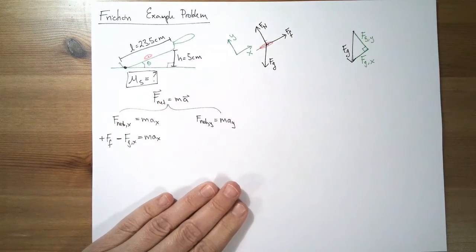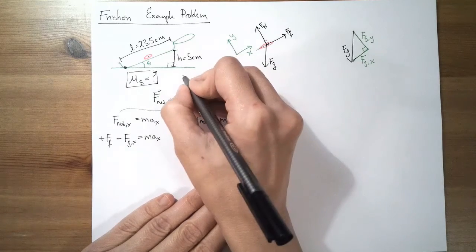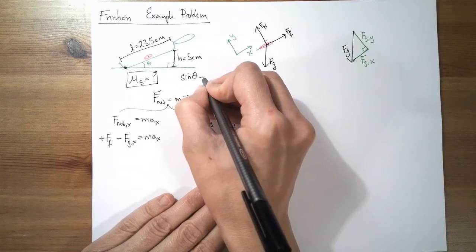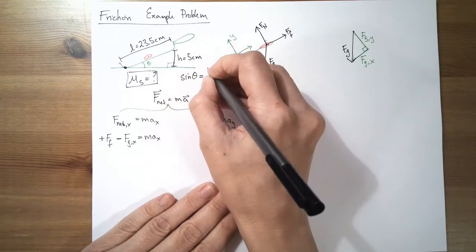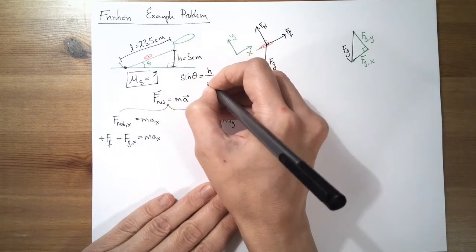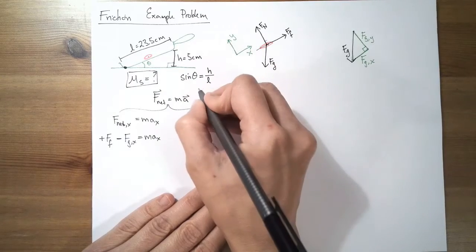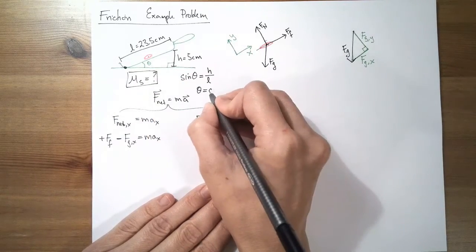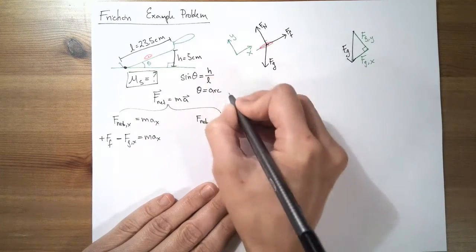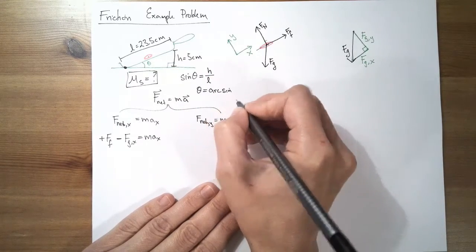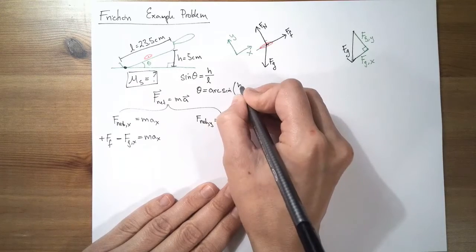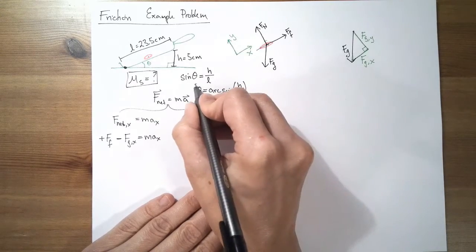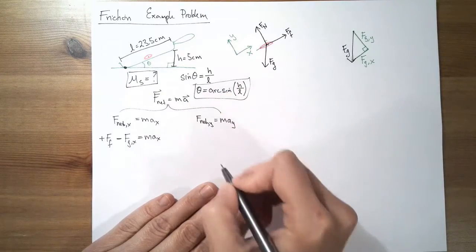So sine of that angle would be equal to the opposite side, which is h, over the hypotenuse L. So theta itself is the arc sine, got to undo the sine to get the angle by itself, the arc sine of this fraction, h over L. So we've got the angle.